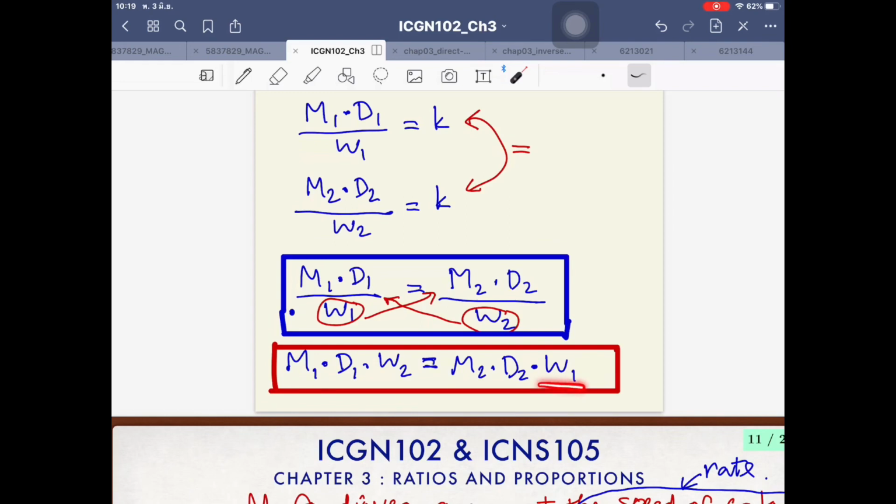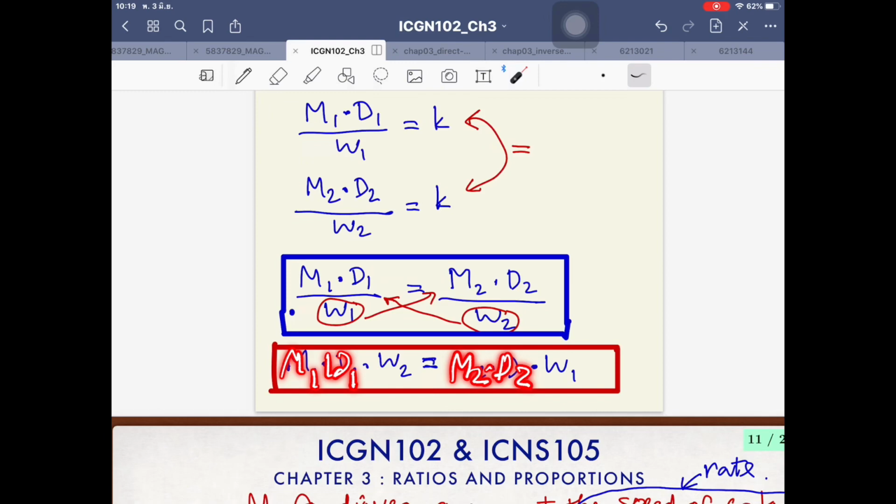But for the term W, it will be W with the subscript of 1. So to use this formula, you have to be very careful about the subscript for the term W. For the terms M and D, they will have the same subscript on both sides.